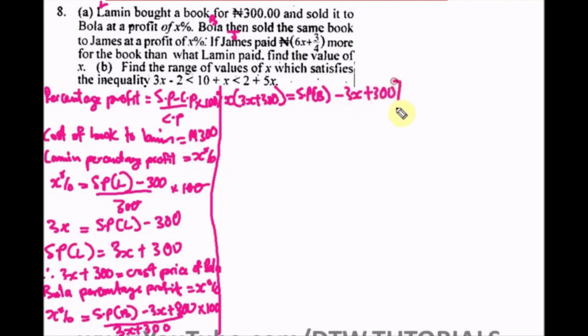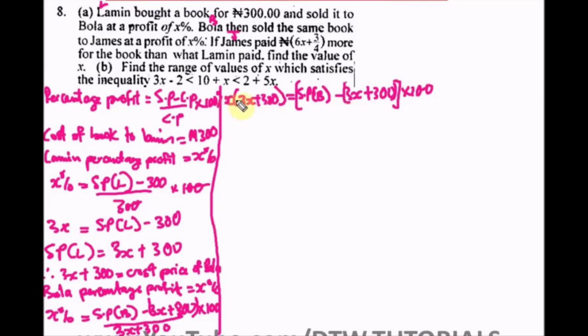So this will be everything multiplied by 100 times 100. And don't forget, we have a bracket in here. Okay, so this is selling price minus cost price. So we have to do this bracket so we don't forget multiplying, using this sign to multiply everything that is in here. Let us open our brackets now.